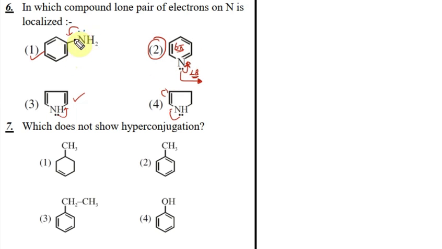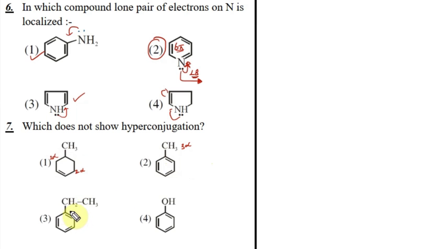Aniline is actually in conjugation, which does not show hyperconjugation. To show hyperconjugation you need to have alpha hydrogens. When you look at it, we know that this double bond has here 2 alpha hydrogens and 2 alpha hydrogens. Toluene, we have seen that this double bond can be in conjugation with these 3 alpha hydrogens.